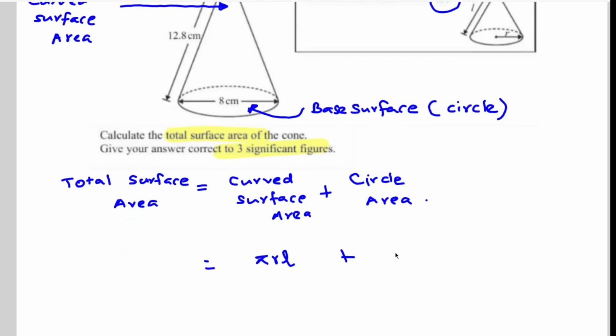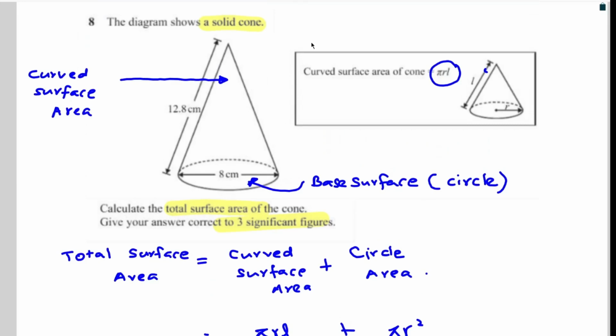And circle area, you should memorize it, pi r squared. So students get confused whether it is pi r squared or 2 pi r. Pi r squared is the area, 2 pi r is the other one. Keep it in your head this way. For any area we write squared units, like 20 squared centimeter.